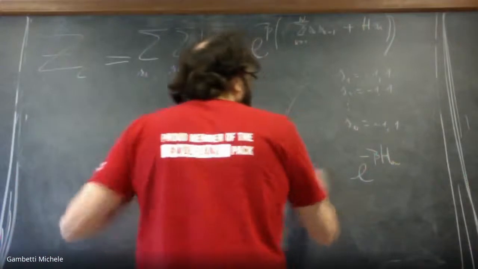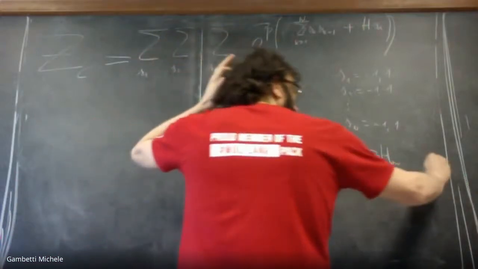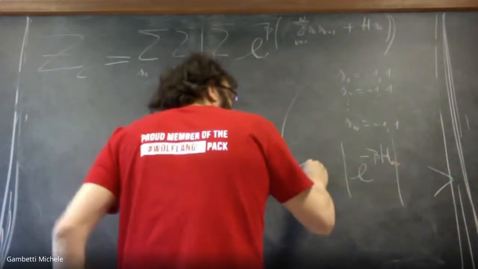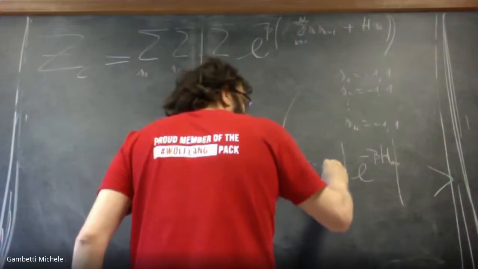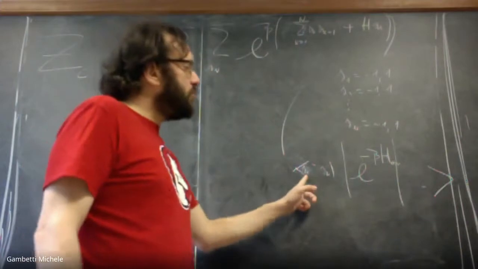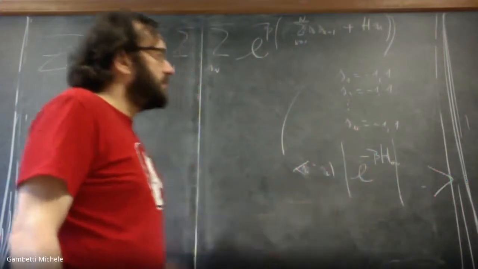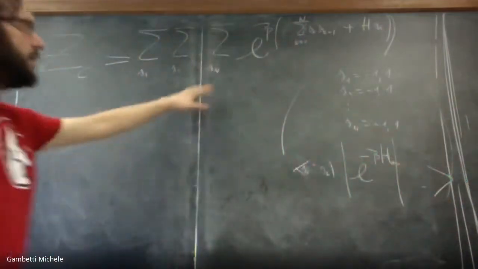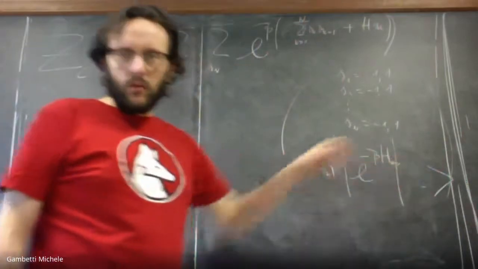And when doing the canonical partition function, I should sandwich this operator in all the states s_1, s_n, and sum over the two possible eigenvalues of s_1 and s_n. So that's why what I wrote there is already, if you want, the trace of this operator. Okay.